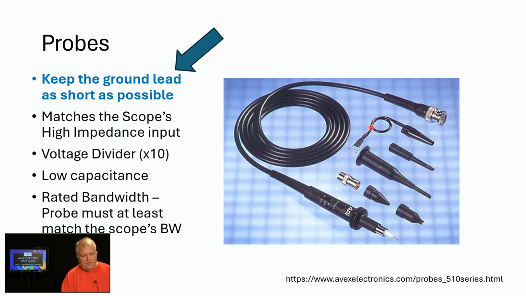That's on purpose. You want to keep the ground lead as short as possible to minimize noise pickup on an oscilloscope. If you add an extra alligator clip lead or whatnot, you may get some erroneous noise readings. So you want to make sure that the probe ground lead is as short as possible. And these probes, especially in the ×10 position, can be compensated so that their frequency response is flat.